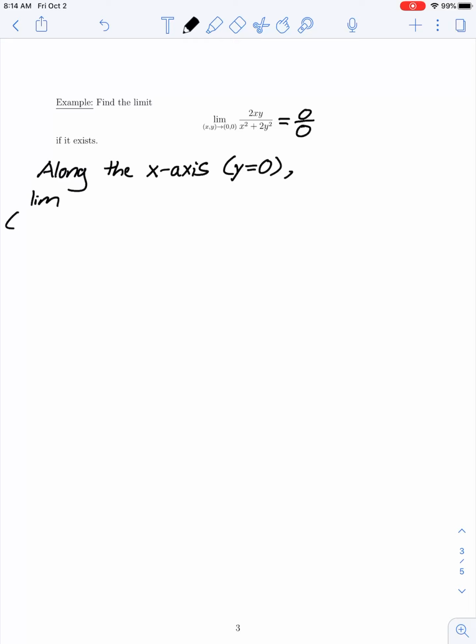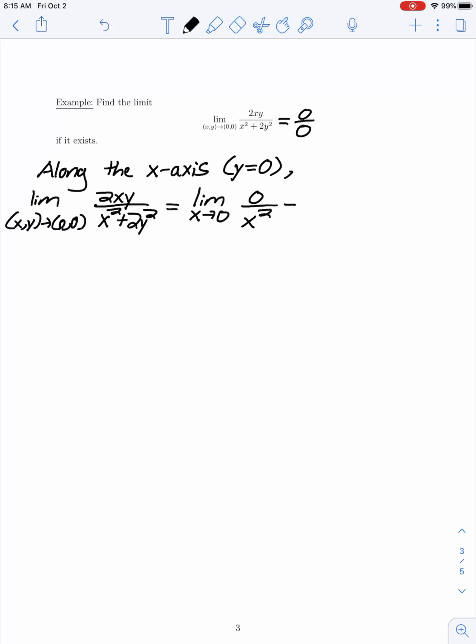So in this case, the limit of our function as (x, y) approaches (0, 0) would be the limit as x approaches 0, since we're setting y equal to 0 for points on the x-axis, and we would have 0 over x squared here.